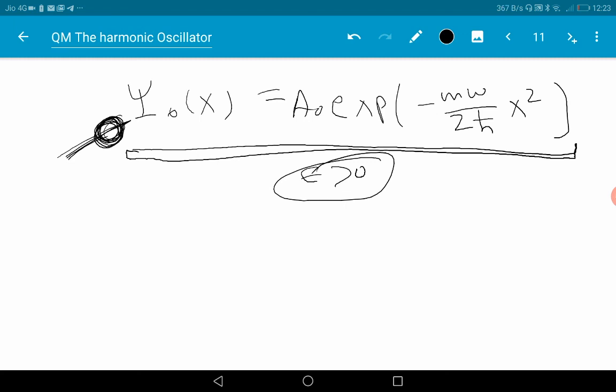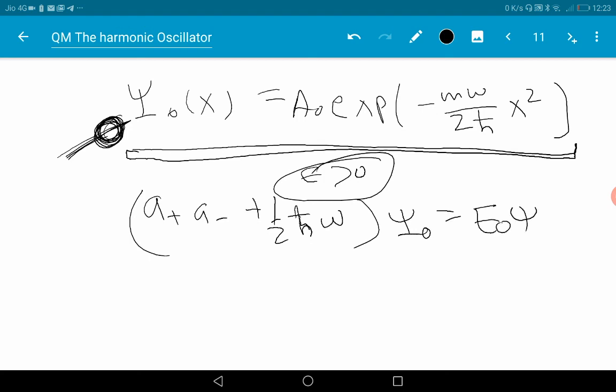So now let's try putting psi naught into this Schrodinger equation, which is actually a kind of modified Schrodinger equation.